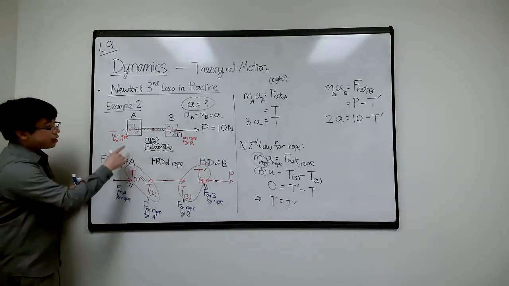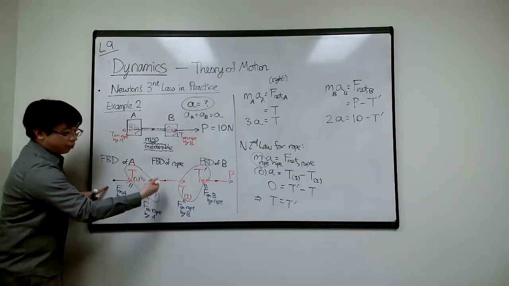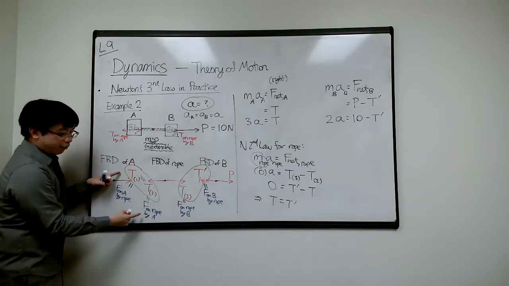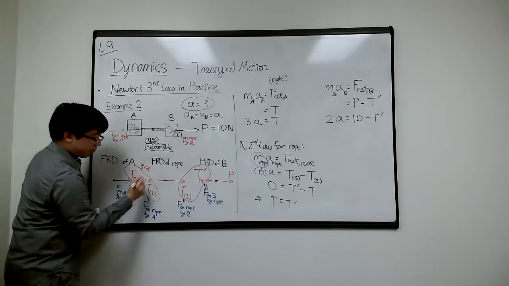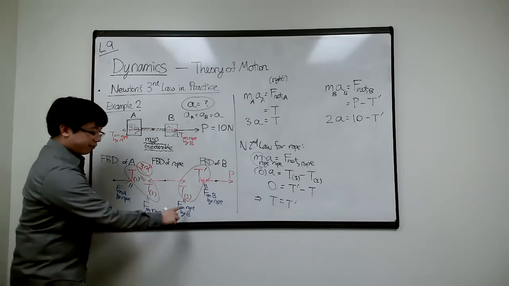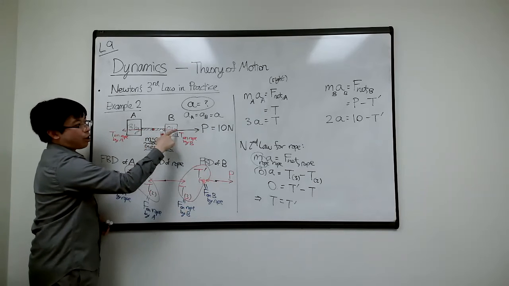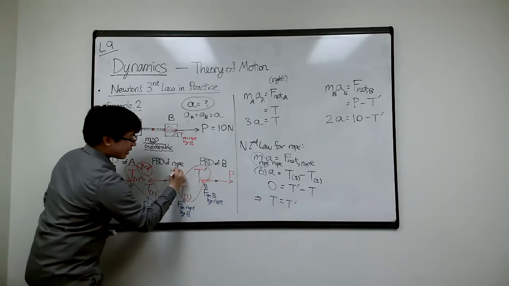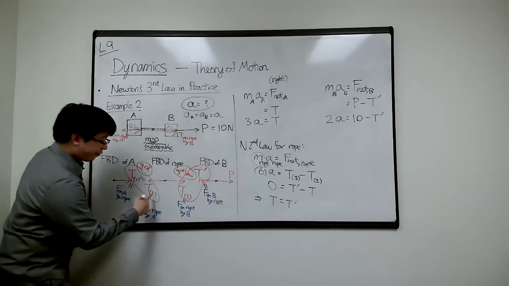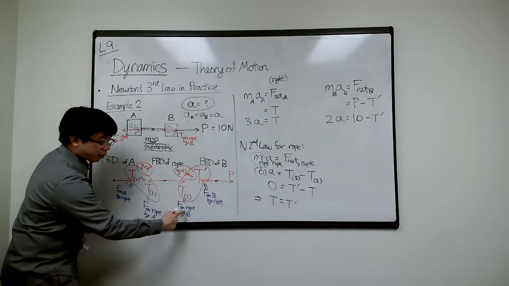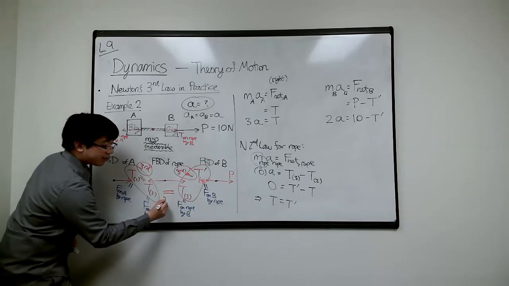The tension on A by the rope and the tension on the rope by A are the same because of third law. The force on the rope by B, because of this contact point, and the force on B by the rope are the same by third law. But the force on the rope by A and the force on the rope by B are equal because of second law.